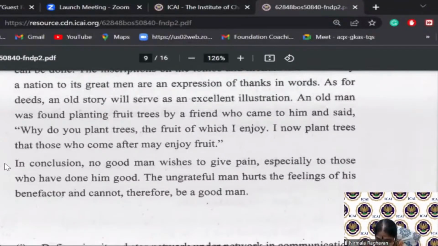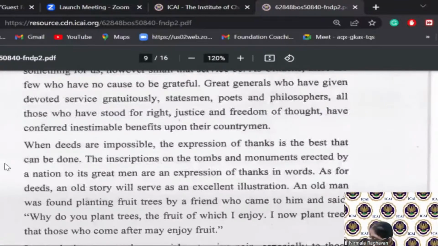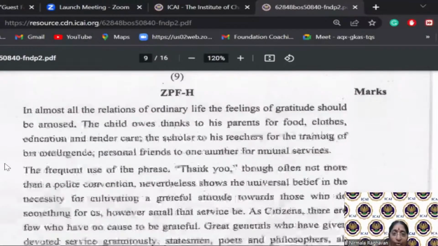Assume 29 into 9. 9 9s are 81, 9 2s are 18, 261 words. 1/3 will be 3 8s are 24, 3 7s are 21. So that will be 87 words approximately. Okay. So if it is 87, it can be 85, it can be 90, but never more or less than that.